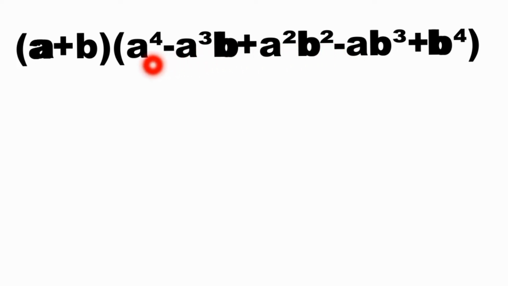So for the b, we have ascending power: power 1 here, not shown, power 2 or square, power 3 or cube, power 4 or the fourth. And also here we have in the binomial factor a plus b.